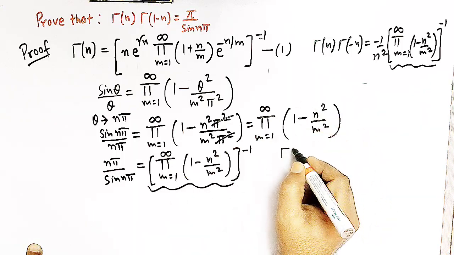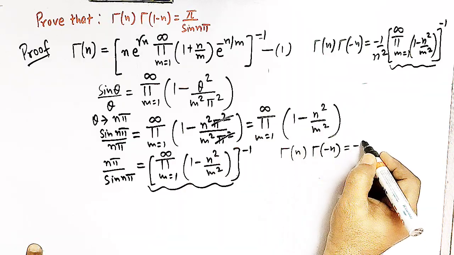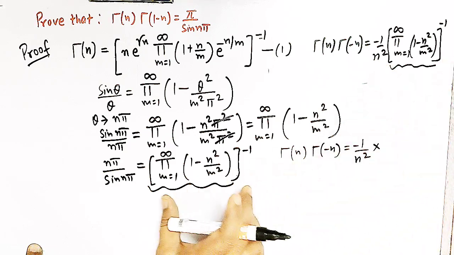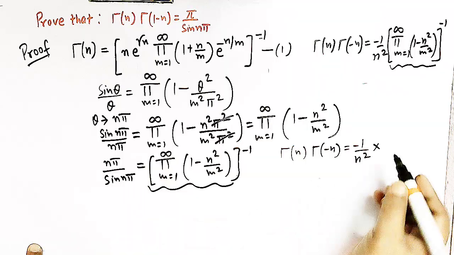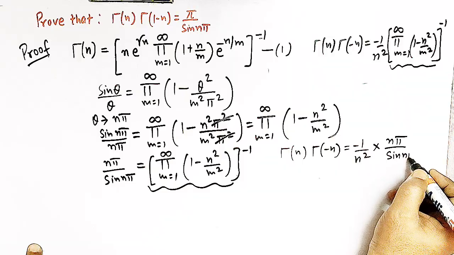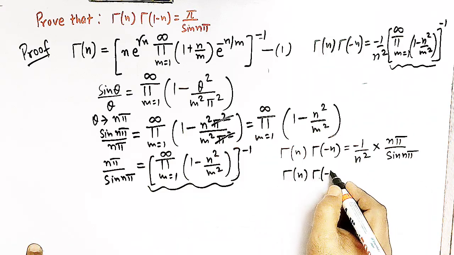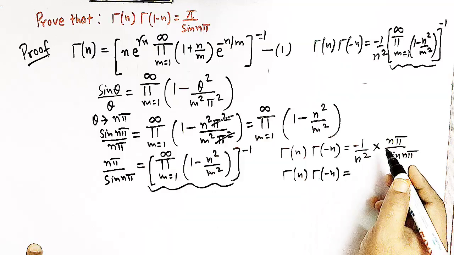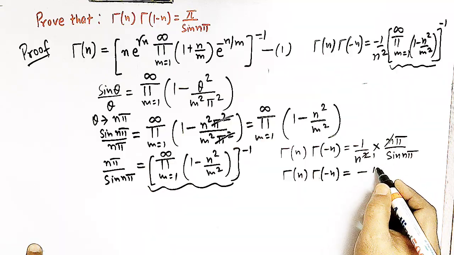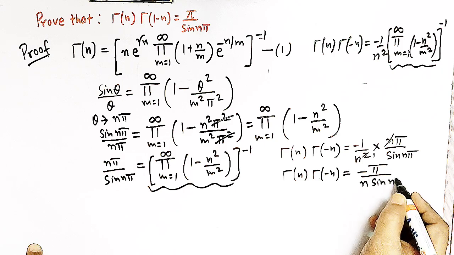So the product gamma n with gamma minus n is given by minus 1 over n square times n pi over sine n pi, right? Now this n and this n get cancelled, so we have minus pi over n times sine n pi.